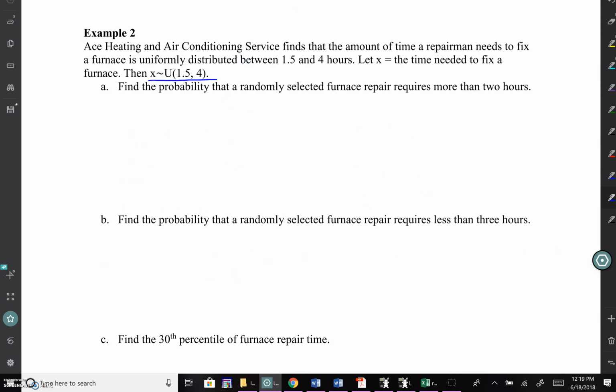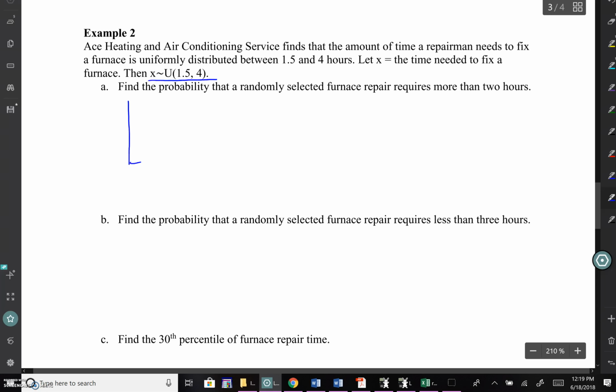I like to have the picture, so I draw it. And I say, okay, I know that I'm in between 1.5 and up to 4. Then what I need is to figure out the probability, or how high am I here. So P of x is 1 divided by your max minus your min.